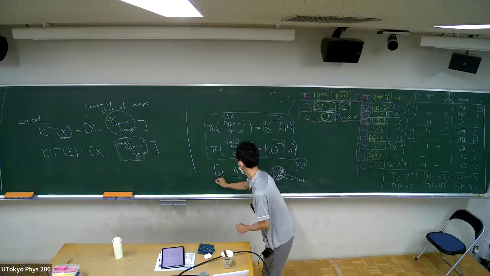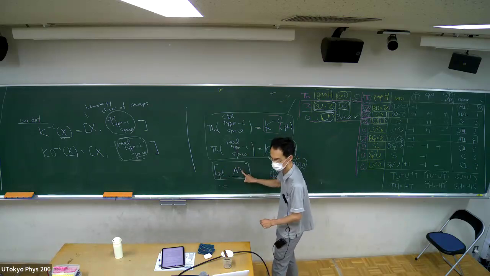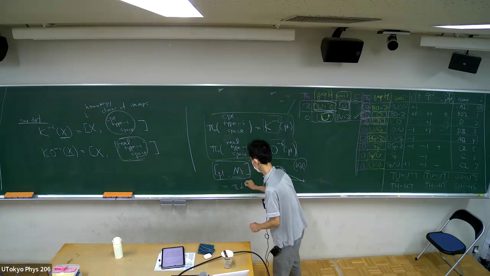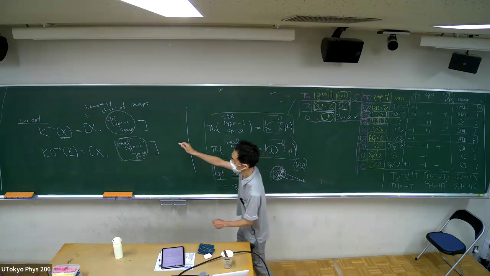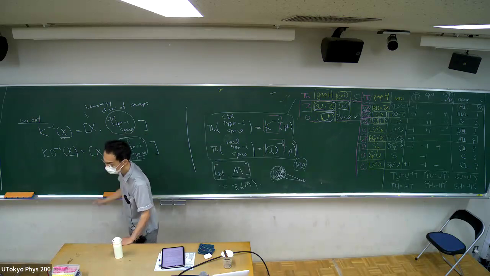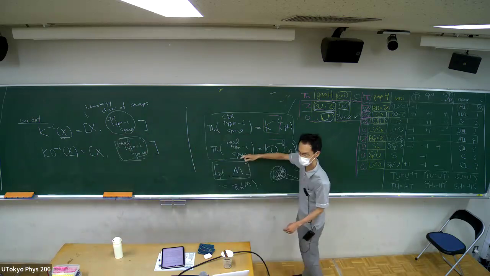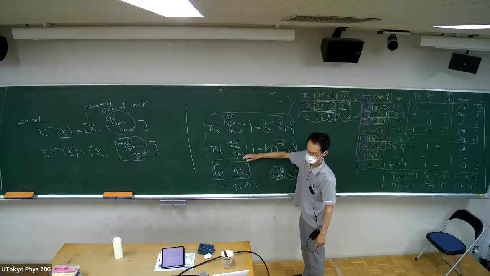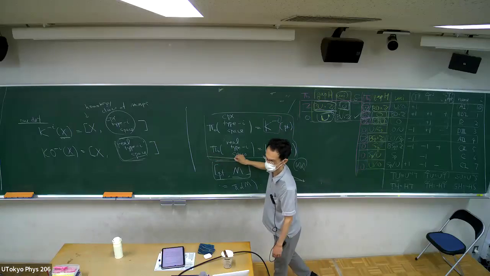So the homotopy class of maps from a point to a target space is just pi 0 of M, right? So if you are given this general definition and plug in a point for X, then you get this pi 0.